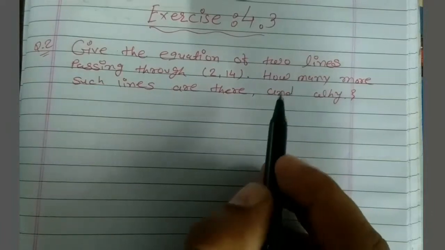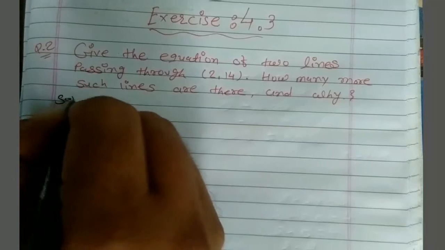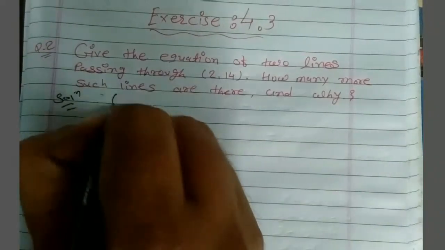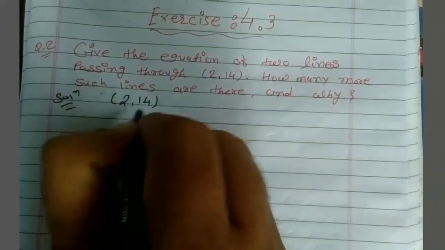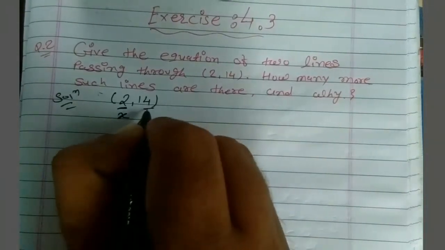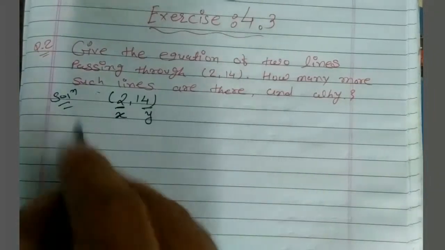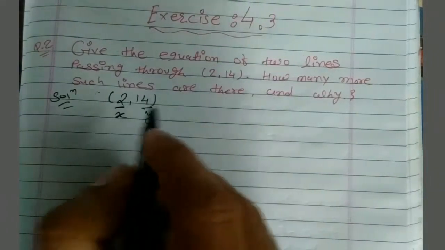Okay. So first, here our coordinates are 2 and 14. Okay. That's why 2 is our value of x and 14 is our value of y.